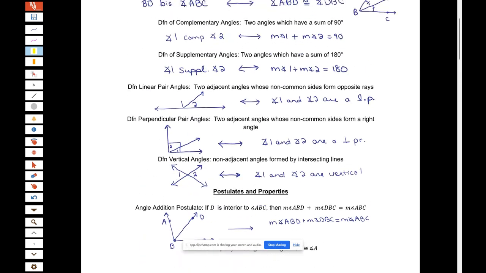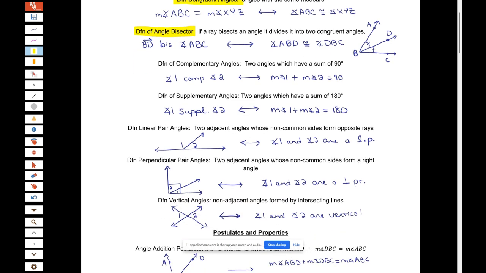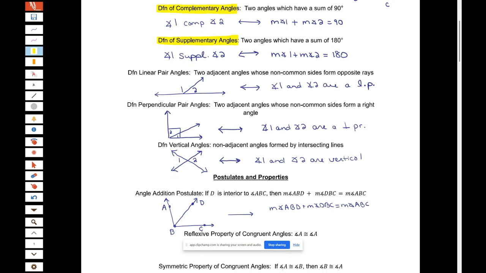Other rules from this page that we will use a lot, definition of congruent angles. Yes, we'll use angle bisector, complements, supplements. A lot of times in proofs, we will skip over these three.